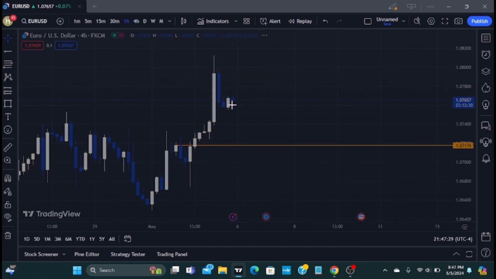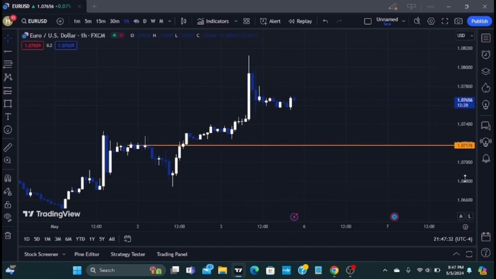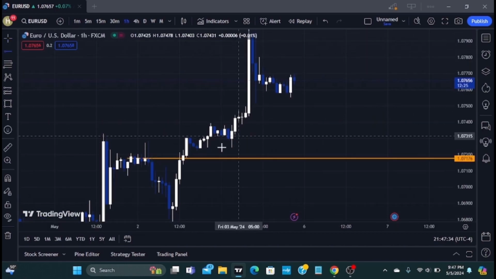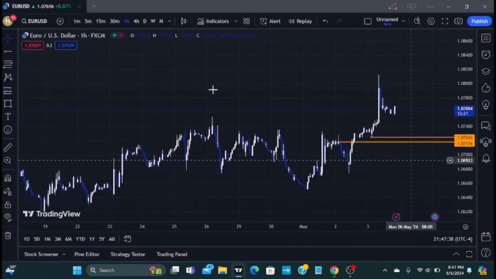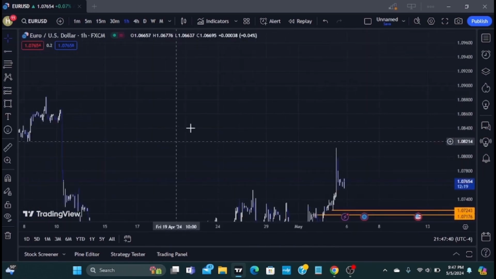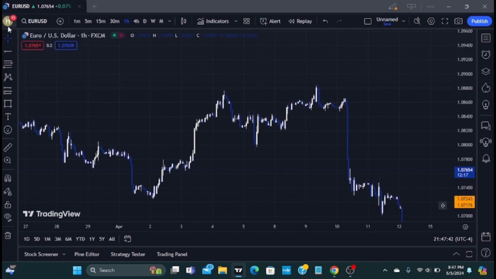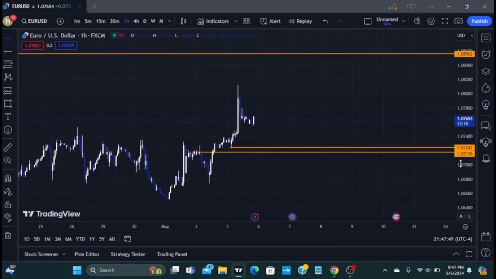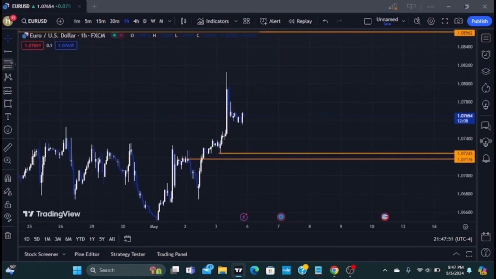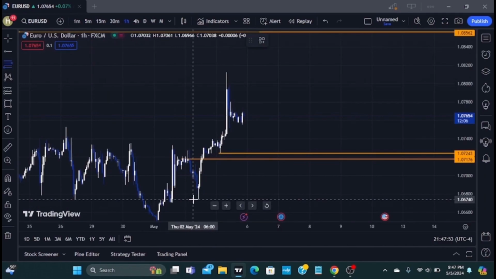Dropping down further to the 1-hour chart, we see that price can also sweep this swing low, as well as target the start of this fair value gap, which price always wants to do to fill in liquidity voids and fair value gaps.